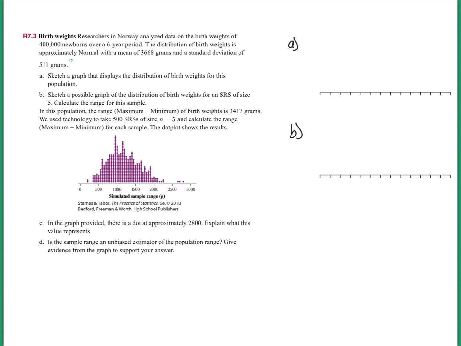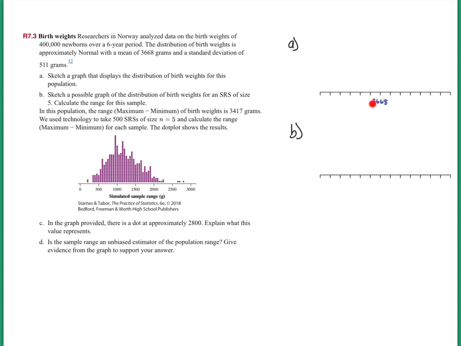So they give us the mean is 3,668, so we'll just put that in our graph in the middle. Okay, and besides that, they give us the standard deviation is 511, so it's probably a good idea to list values that are certain whole number standard deviations away from this.